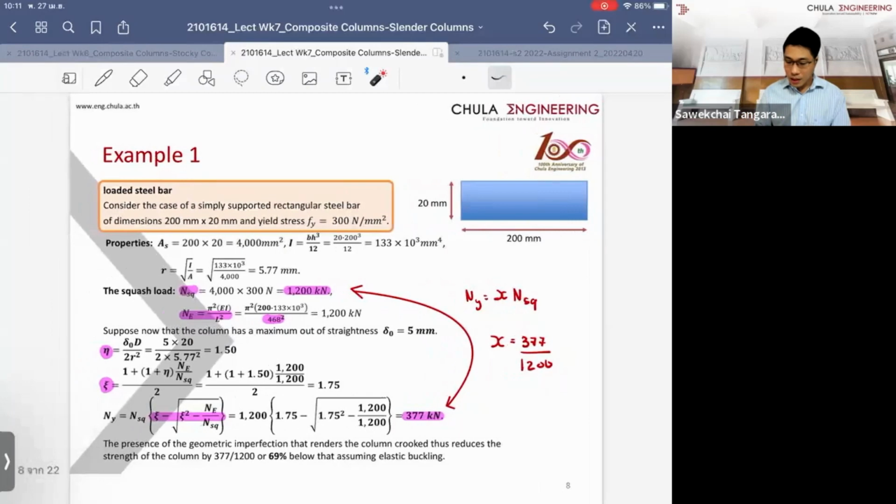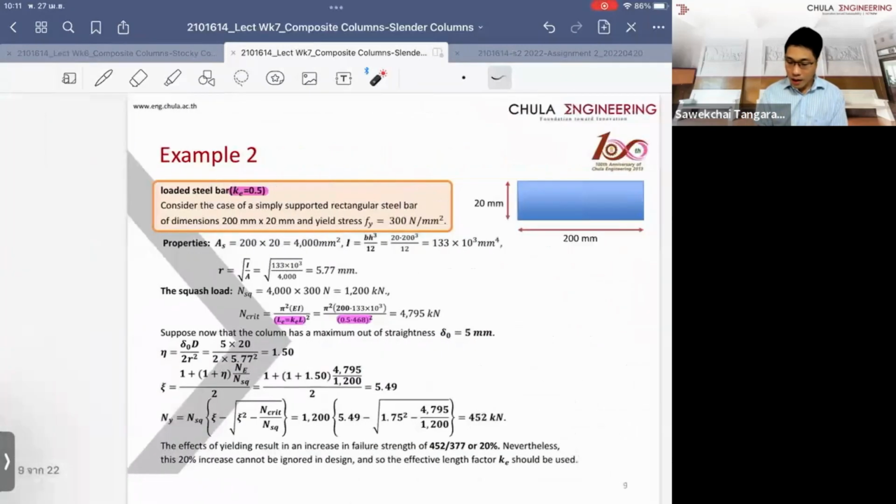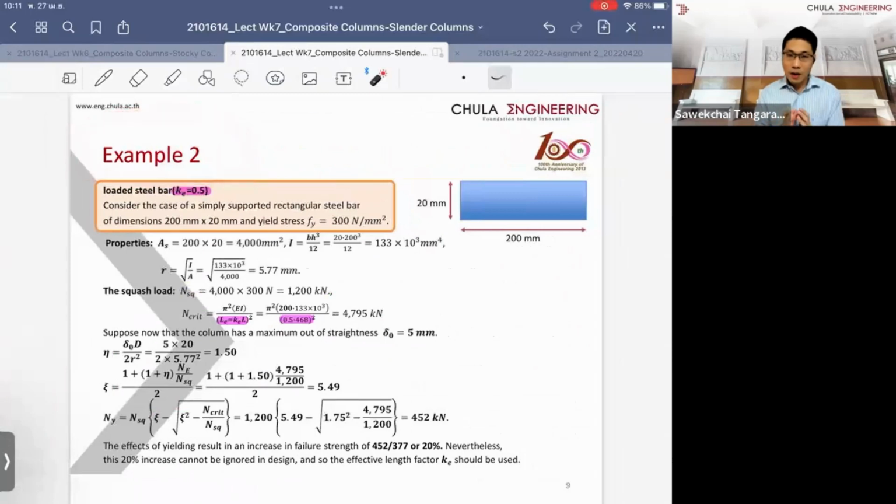So what it means, before we move to that point, example number 1 and example number 2 describe how you adjust the axial force capacity based on the elastic analysis, right? And we have some adjustment according to some of the reduction capacity factors.